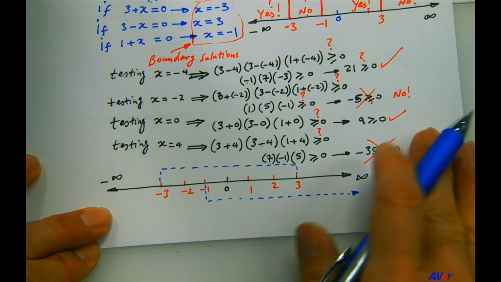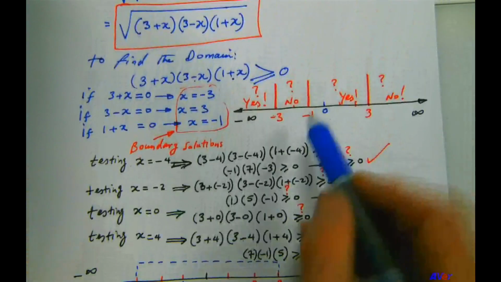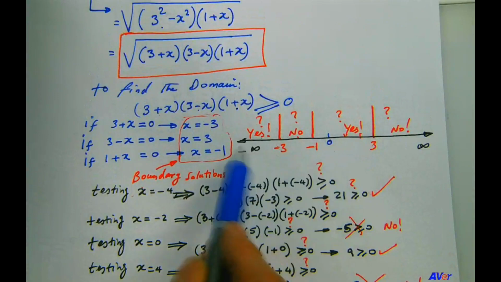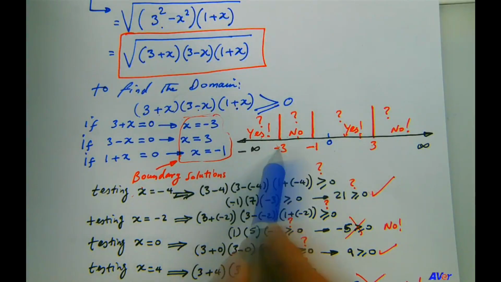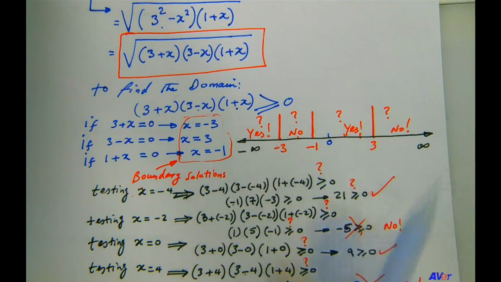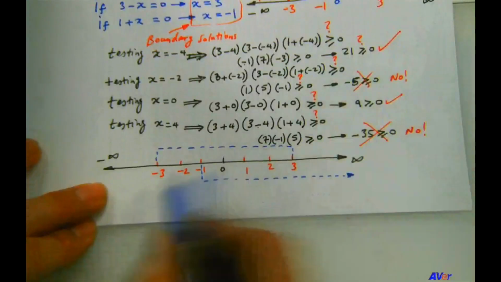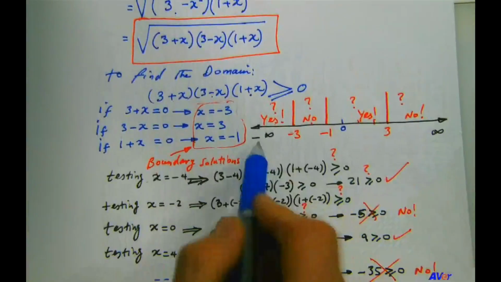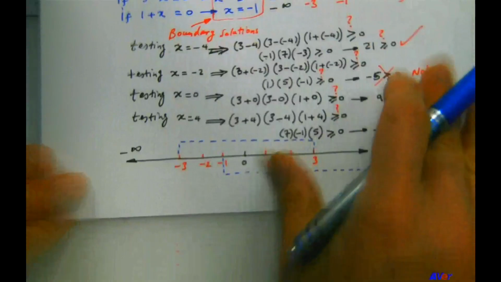So now let's draw the domain for the combined function, which we just figured out. It's between -infinity to -3 and -1 to 3, right? Let's plot that from -infinity to -3. Sorry about that.